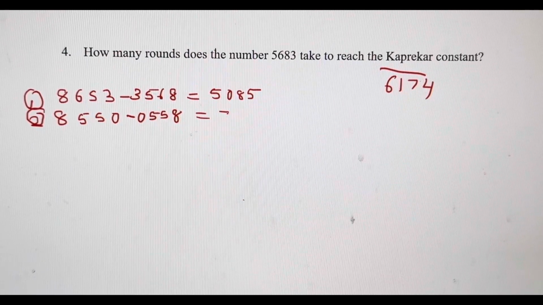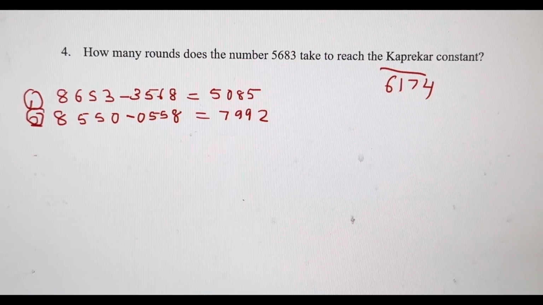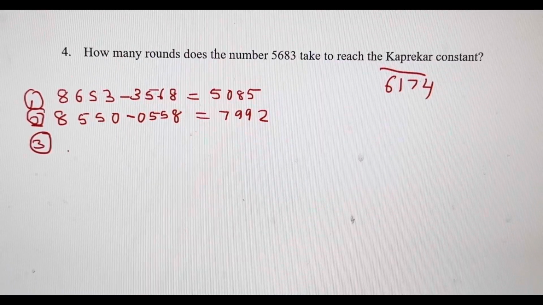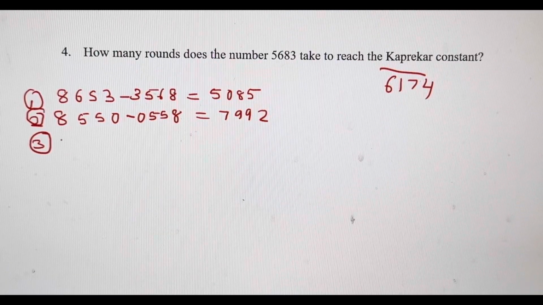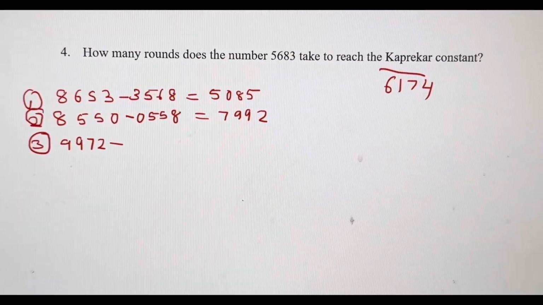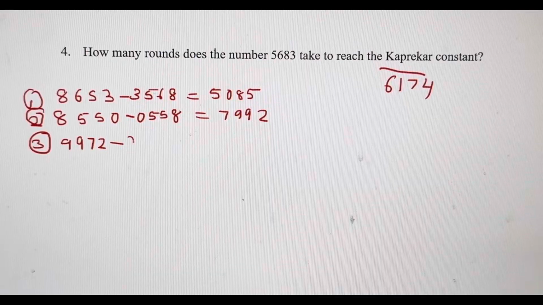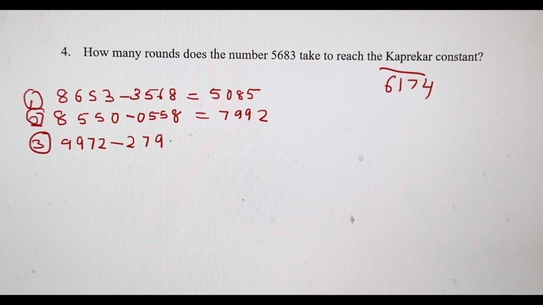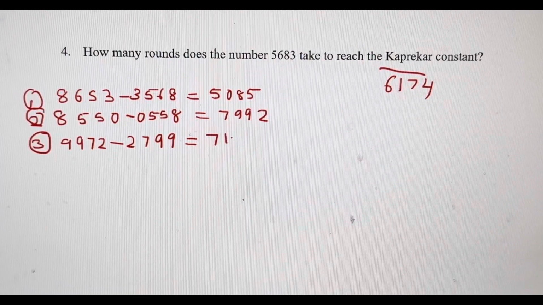The difference is 7992. This is the second step, but still we are not getting 6174. Let us try the third step. The largest number will be 9972 minus 2799. If we find out the difference, it is 7173. This is the third step.